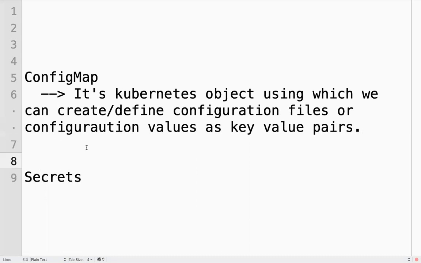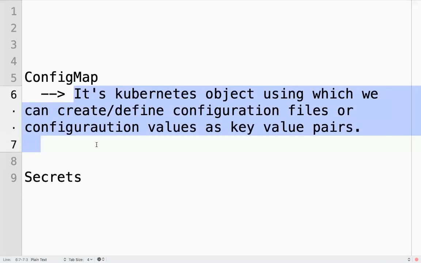As key value pairs, you can create a config map in the Kubernetes cluster. Then I can refer to the config map from my Kubernetes manifest.